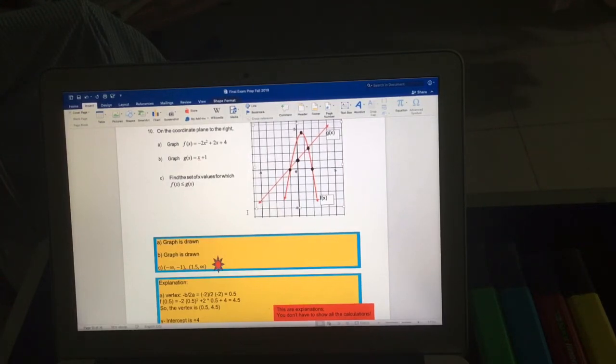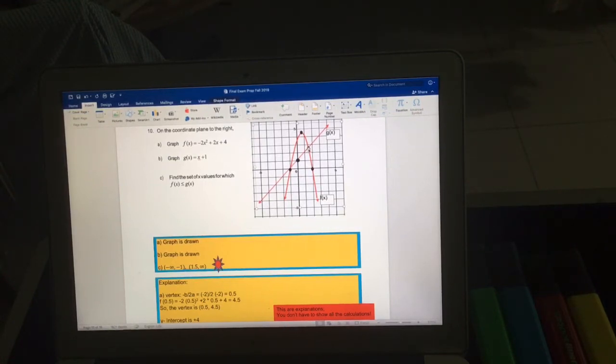Now this question said find out where f(x) is less than g(x). So you see, this is f(x) and this is g(x). Now if I ask you where f(x) is more than g(x), f(x) is more than g(x) where the parabola is higher, but the question is where it is less. That means less is on the other side.